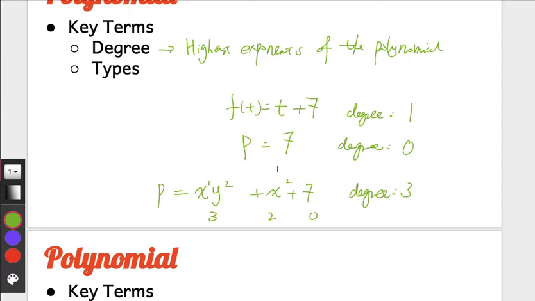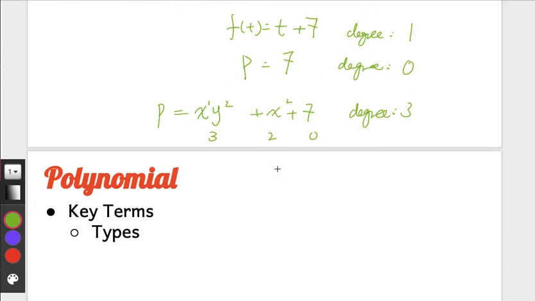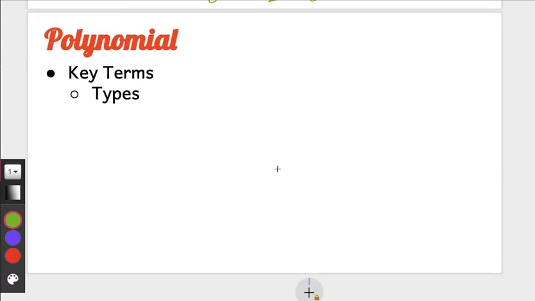Okay? So the very last term of the lesson is going to be the types. So we are in this part where I'm going to introduce some very common types we are going to discuss. Of course, based on the number of terms, we can always increase these names. So the types are based on the number of terms.